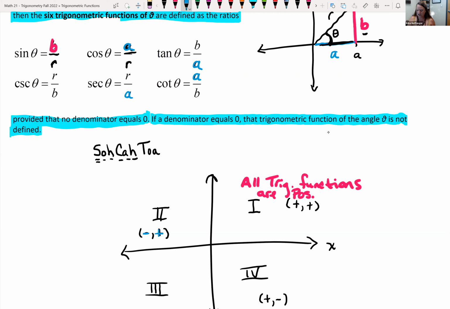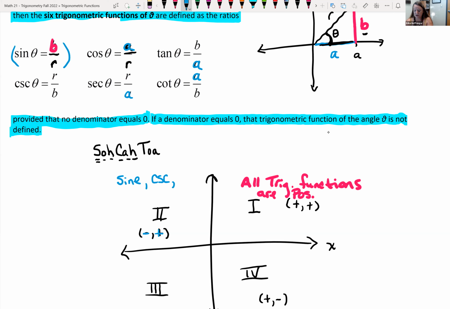So the ones that just have the Y in there, so sine, B over R, I'm going to just put the ones that are positive in the quadrants, but we can denote which ones are negative by the ones that aren't there. And so in our second quadrant, sine and its reciprocal, cosecant, and that's it.